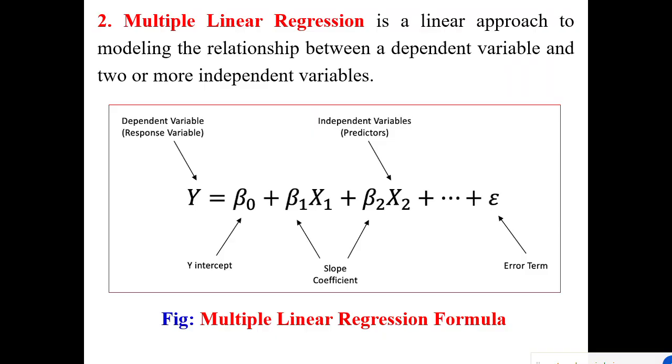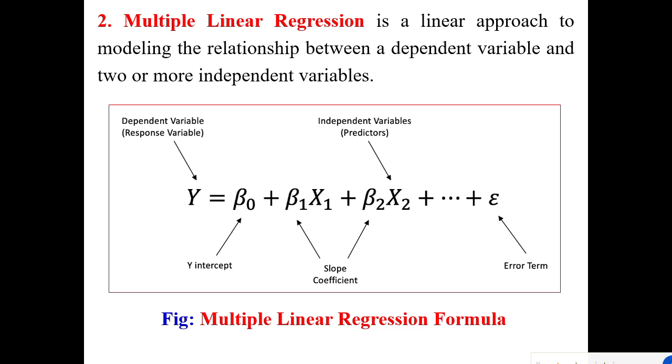Today we are discussing multiple linear regression. A multiple linear regression model describes the relationship between a dependent variable and two or more independent variables. That is the only difference between linear regression and multiple linear regression. Here there is only one dependent variable and two or more independent variables, like x1, x2 and so on.